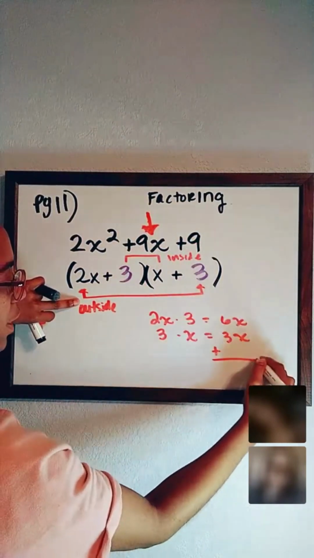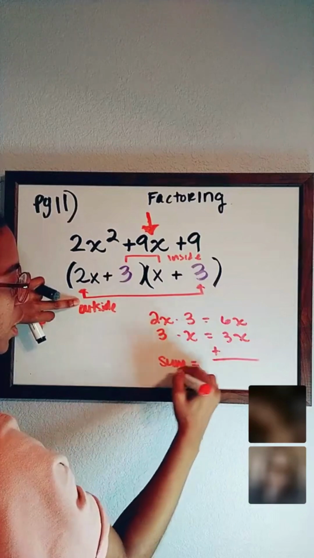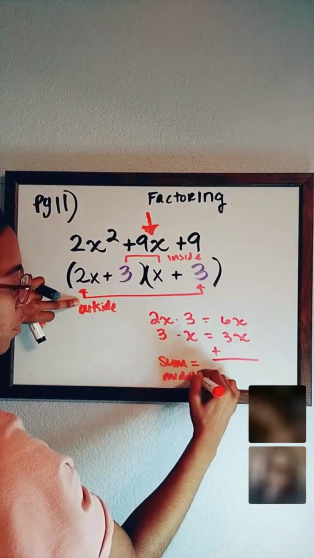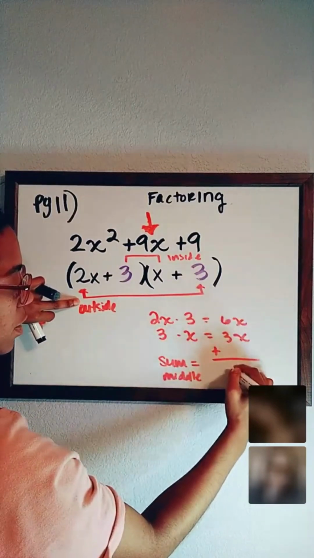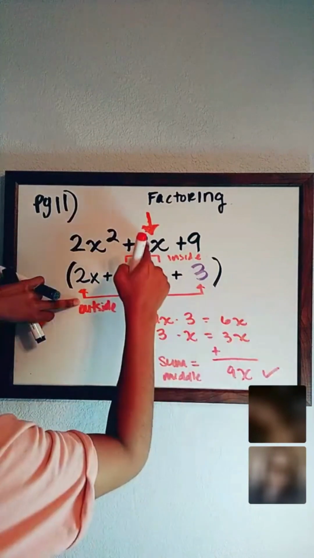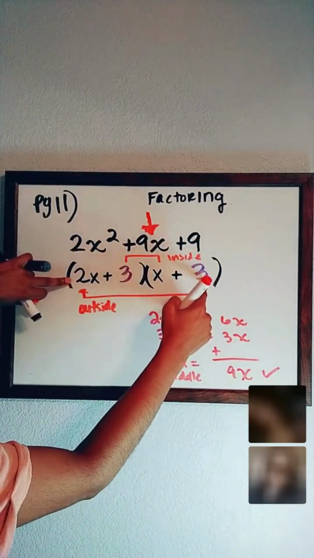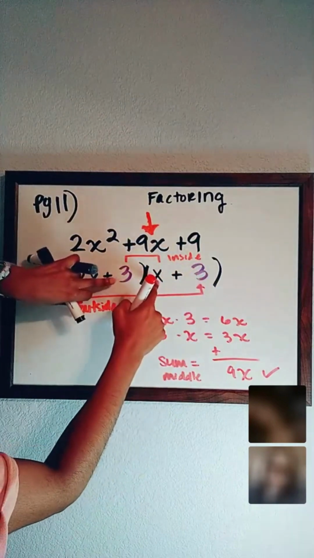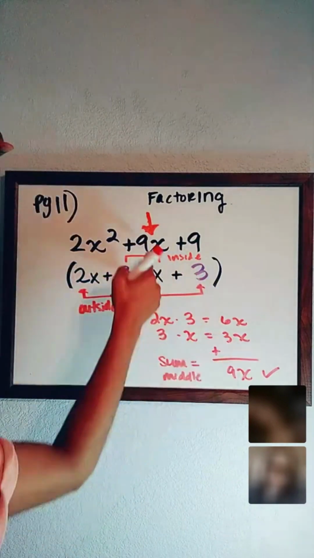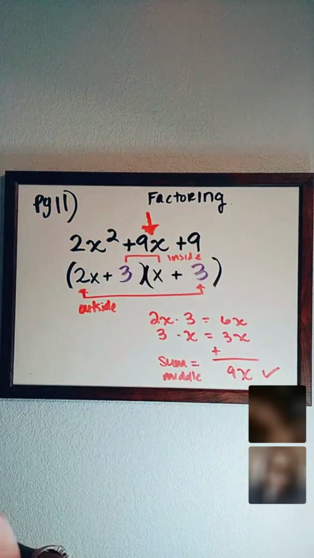And we want to add those. So the sum should equal the middle term. 3x plus 6x is 9x, so it checks out to equal that middle term. If the sum of the two outside numbers multiplied together and the two inside numbers multiplied do not equal the middle, then we know that's not going to work.